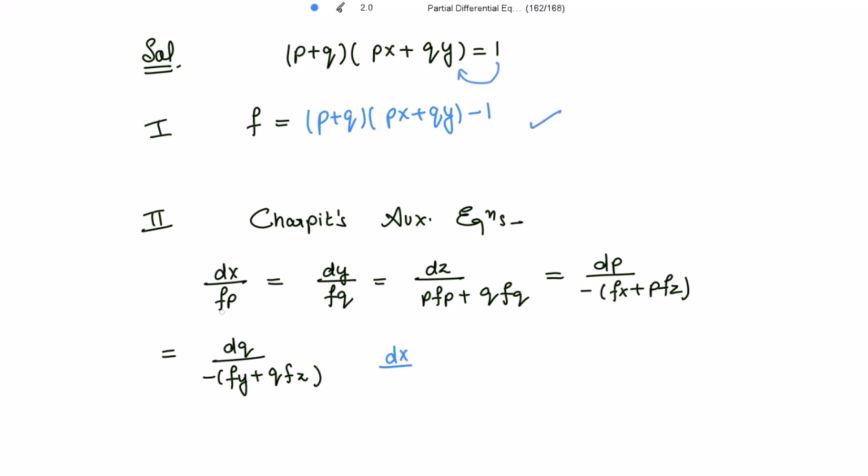So first is dx divided by fp. Differentiating f with respect to p, first function times the derivative of the second, so it is x, plus second function times the derivative of the first, so it is 1 with respect to p. So we get p plus q into x plus px plus qy.